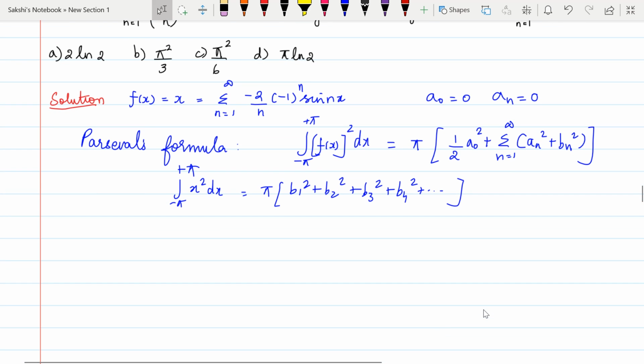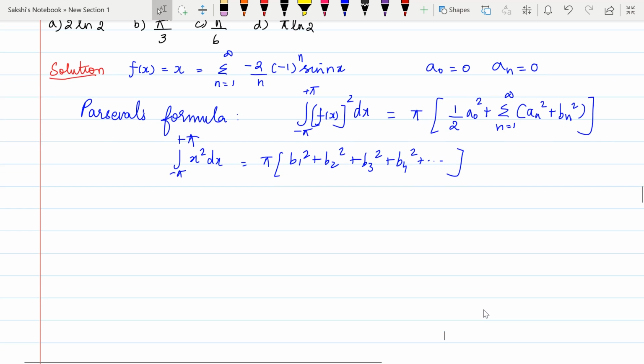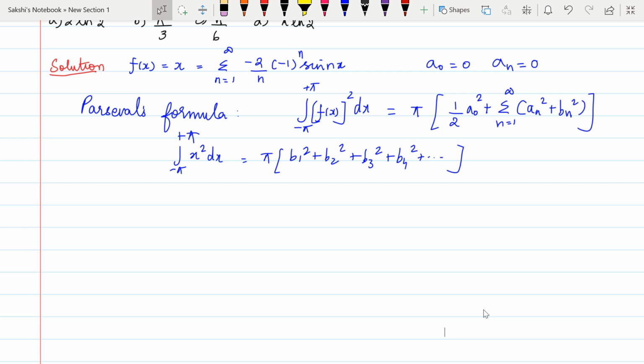Okay, so now what we have to do is, we do not know bn. We just know that we have x is equal to minus 2 by n, minus 1 the whole power n, sin nx. So if you see this form, you can see that this is similar to bn.